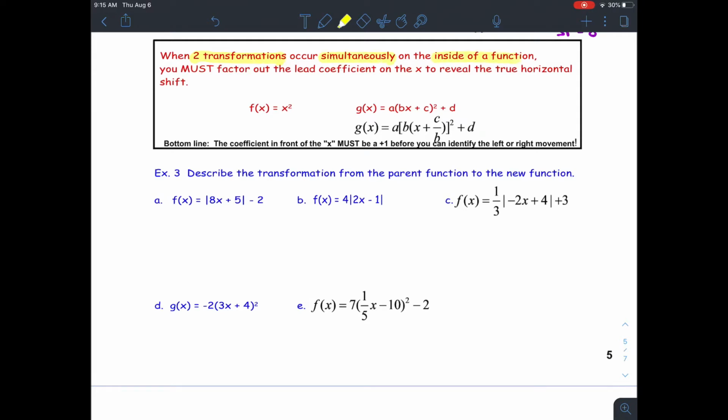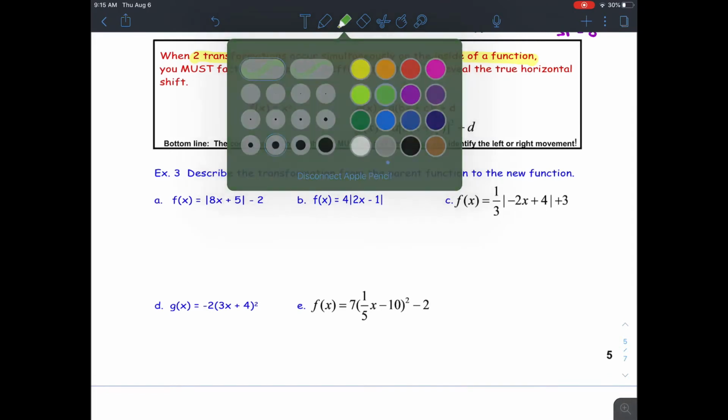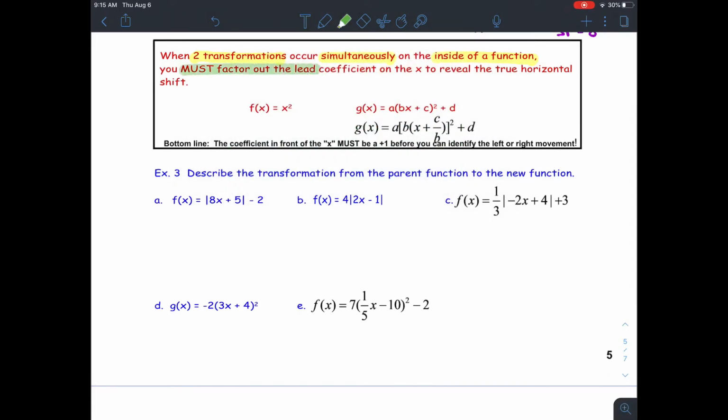When you have 2 transformations occurring at the same time on the inside of your function, and one of those transformations is a shift horizontally, like either adding or subtracting something on the inside, you have to factor out the lead coefficient on the x in order to tell what the true horizontal shift is.